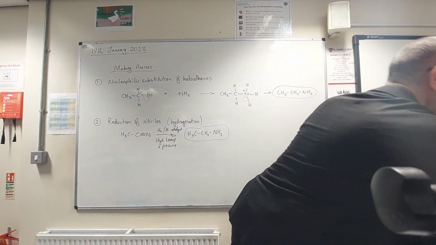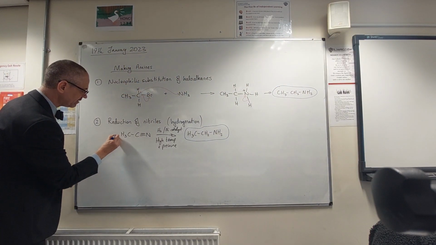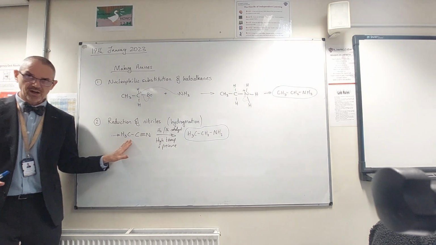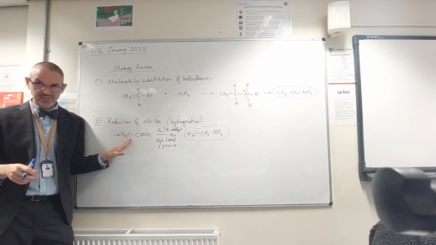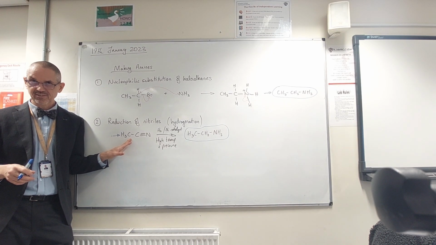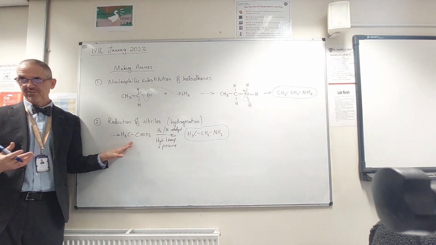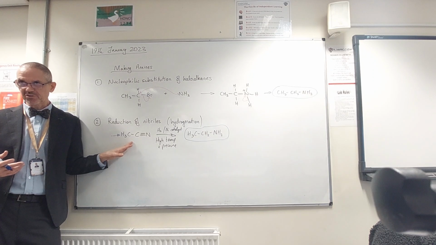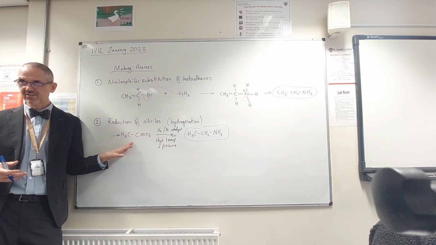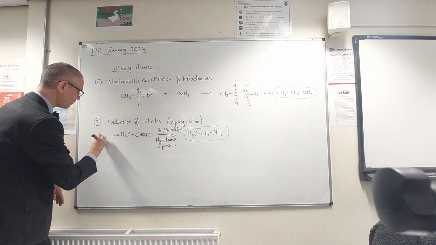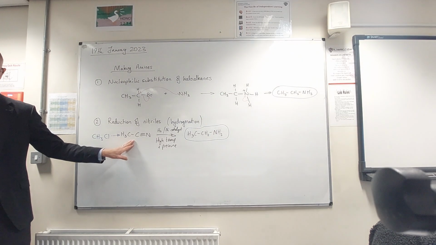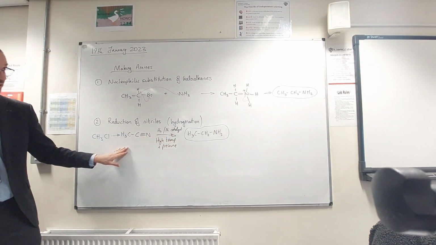I could make my nitrile from a haloalkane. But what haloalkane would I start with to make that nitrile? Come on, Jason. I was going to say methane. Well, methane's not very good at reacting because there's no functional groups. So just put a functional group in there for me. Chloromethane. Okay. So that's a straight substitution reaction there, followed by the hydrogenation.